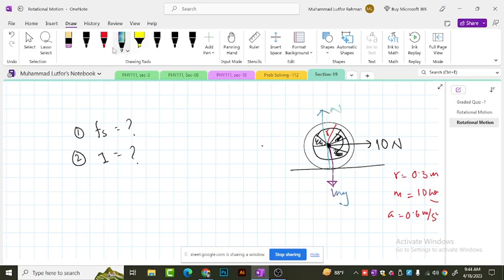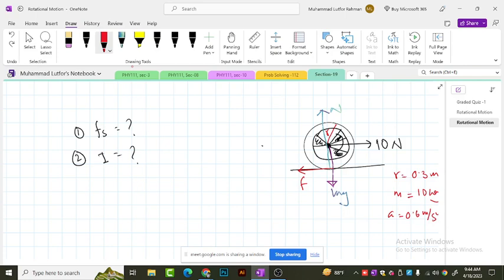I use red color, and this is the frictional force in that direction. It's not Fs; it's the kinetic frictional force, which will be over here. Fine, so this is the free body diagram.